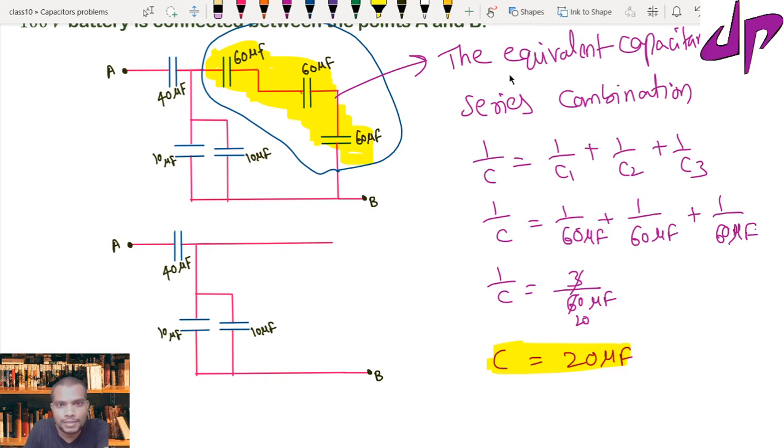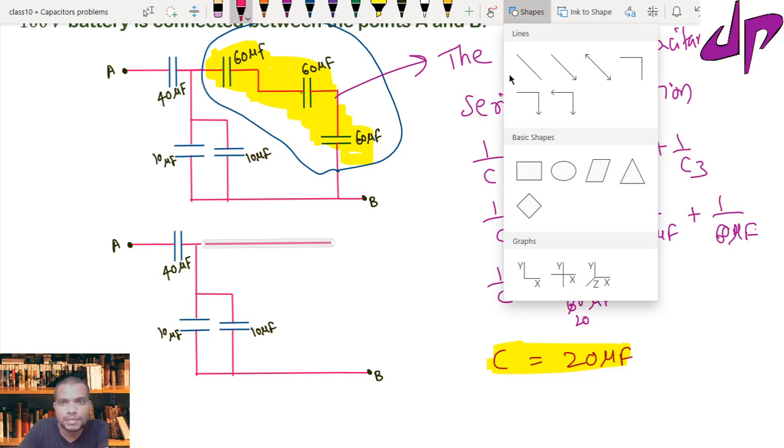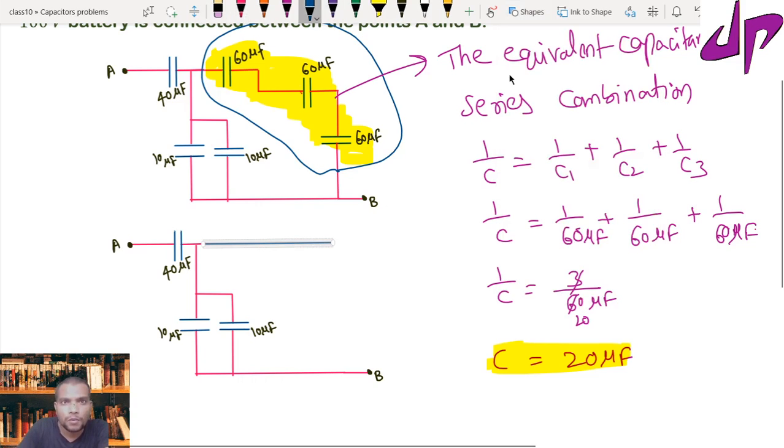Suppose I extend the connection here, and draw a capacitor between them by adding 2 lines.